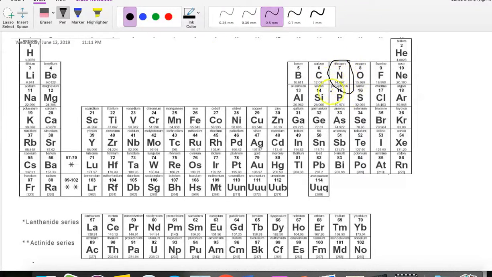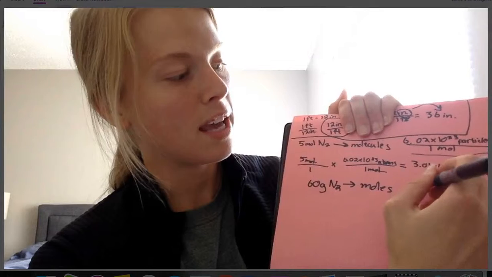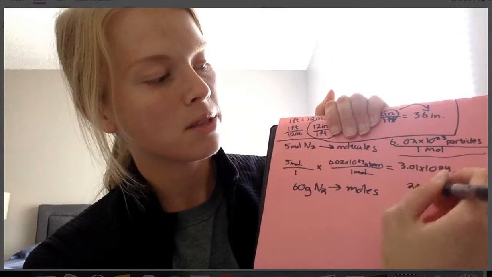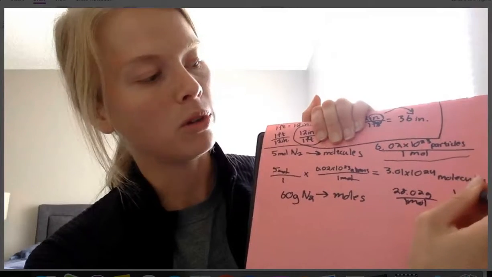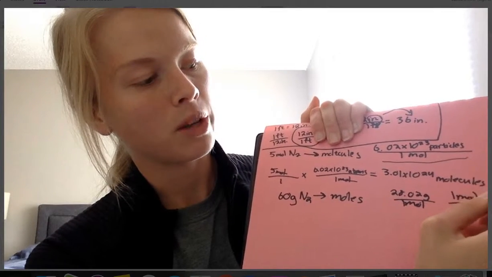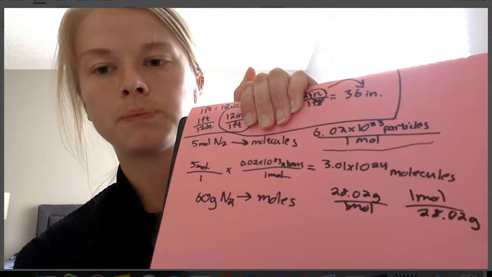So I need to take this number times 2. So my molar mass is actually going to be 28.02. So I'm going to write that as my unit conversion, 28.02 grams in 1 mole. Or the other way, we could write 1 mole over 28.02 grams. Those are the unit conversions for this one.